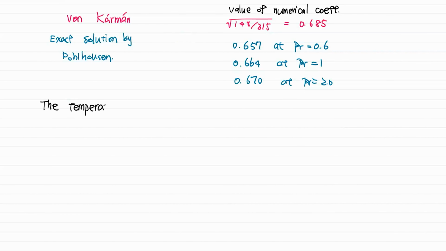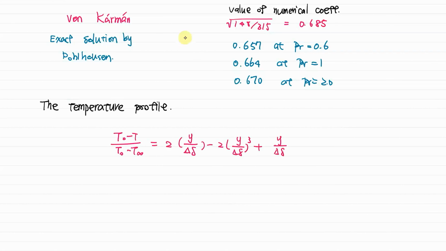We have (T naught minus T) over (T naught minus T infinity) equals 2 y over capital Delta delta minus 2 times (y over capital Delta delta) to the third power plus (y over capital Delta delta) to the fourth power.